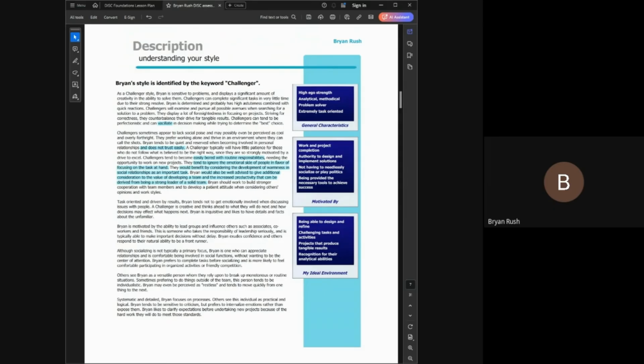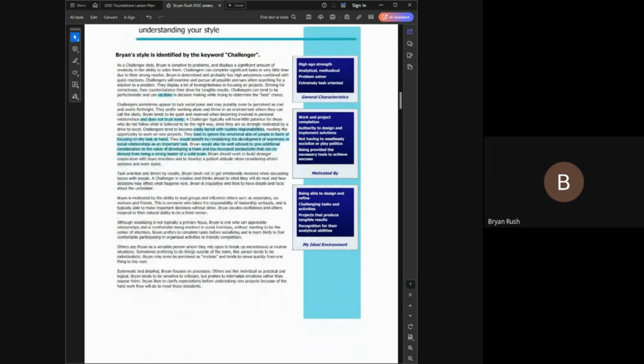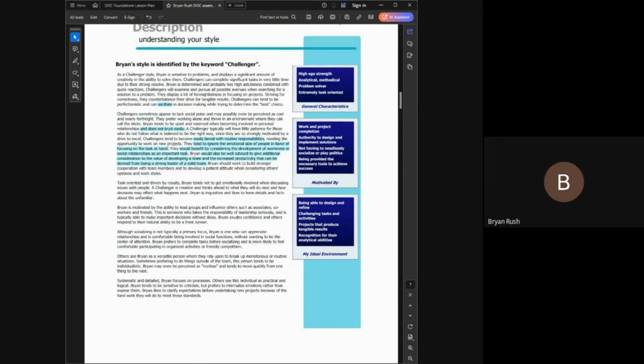So ideal work environment: being able to design and refine challenging tasks and activities, recognition for their analytical abilities, and so on. So this is going to be valuable to the individual, and it's also going to be valuable to his or her teammates, so they can see that's the environment I need to put them in, or help create, so they can succeed.